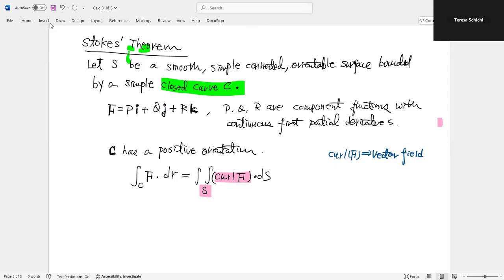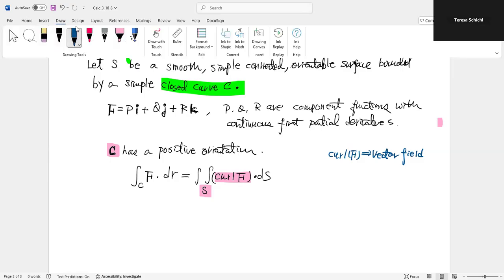This will be equal to the line integral of the vector field F over C. C is a closed curve, and this surface S is bounded by this closed curve.